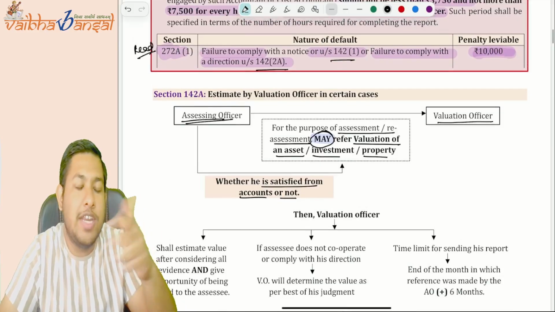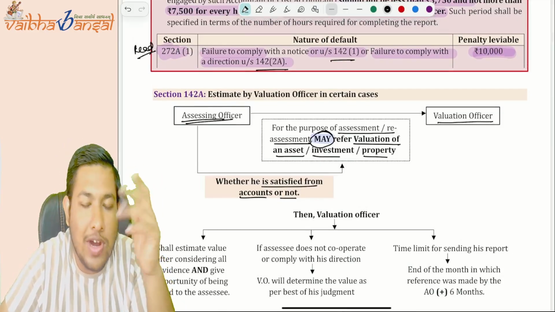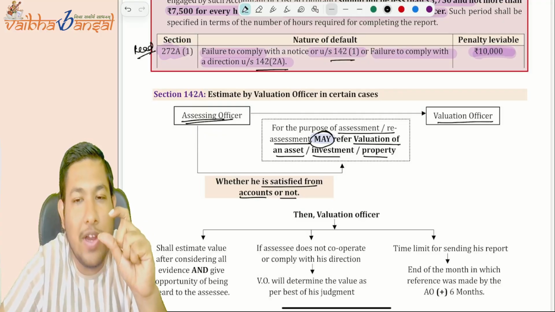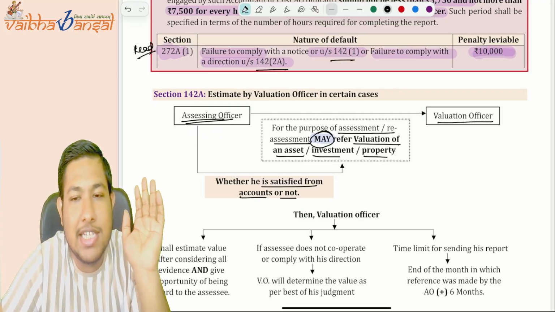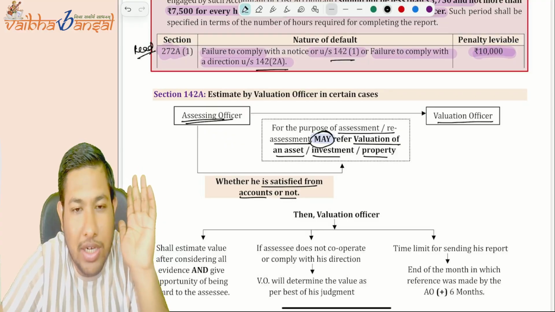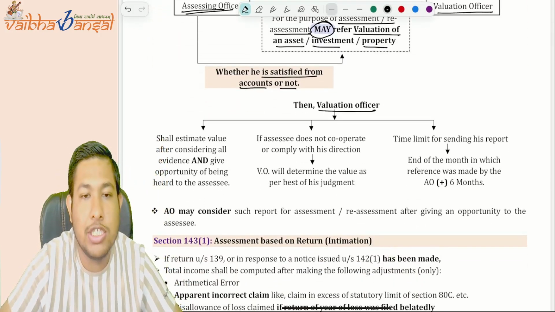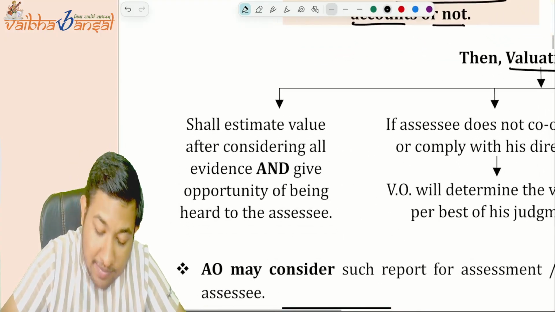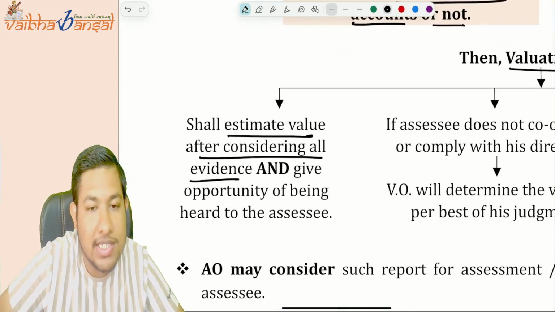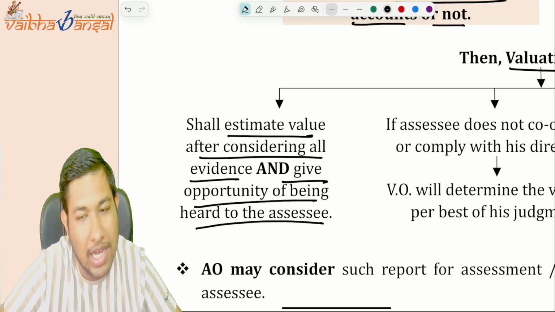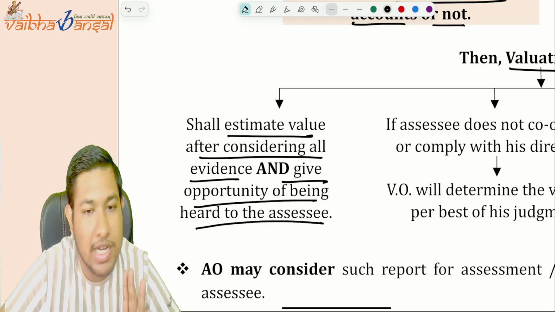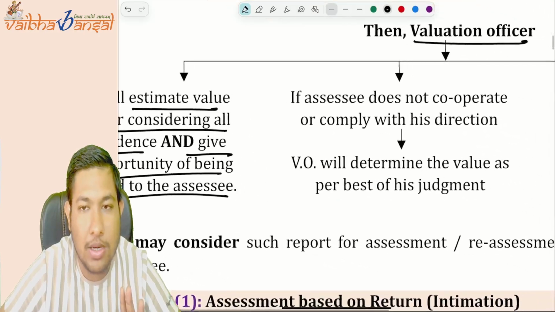Whether the accounts are very much clear, he is satisfied, but he is not satisfied with the valuation of an asset, investment or property, can he ask the valuation officer to verify it? Yes, he can. After that, the valuation officer shall estimate the value after considering all the evidence and give the opportunity of being heard to the assessee.